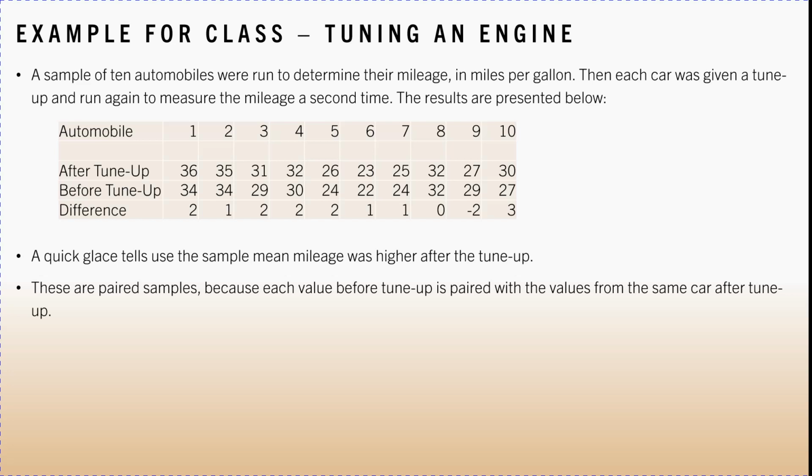The results are shown below. I have this a little bit backwards, but you're seeing the results after the tune-up. Let's look at this first car. After the tune-up, they were getting 36 miles per gallon. So maybe I'll just say this is the after result.